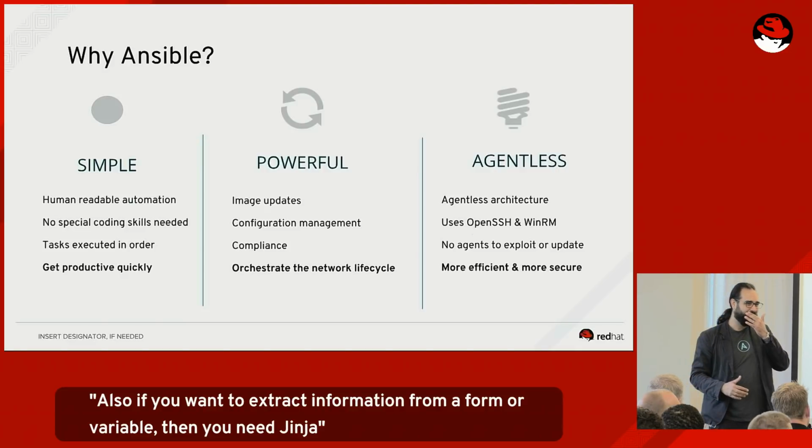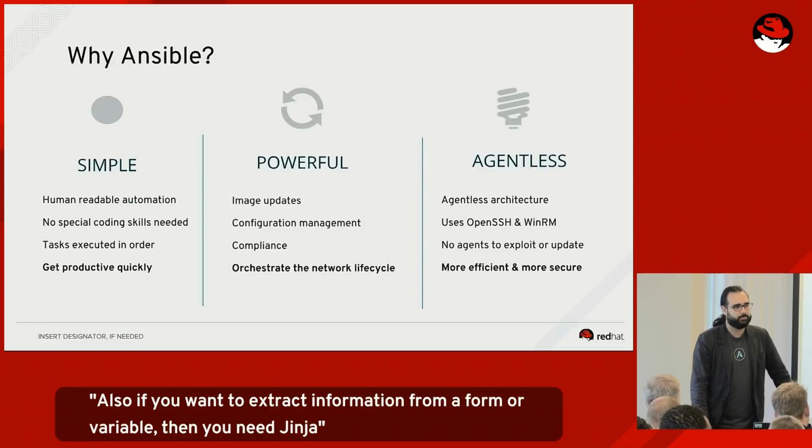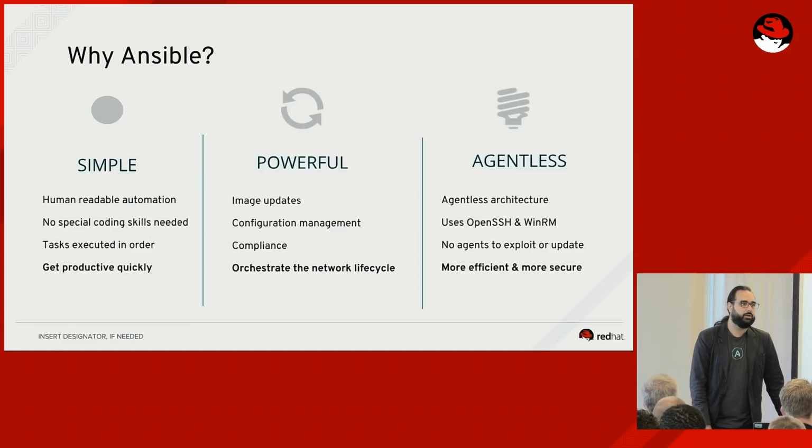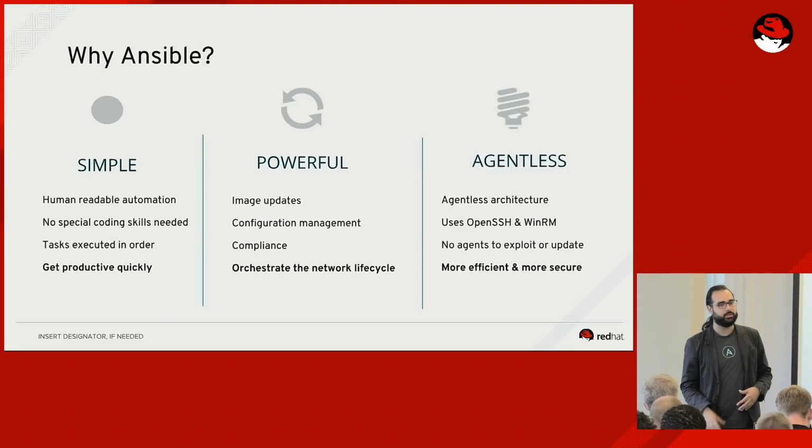You also automate, you want to extract information from a form or from variables, and yeah, then you need the Jinja. Well, you still can use just iOS config and the variables on it and the tasks, so you have something that's more readable than a big Jinja that does all the templating.